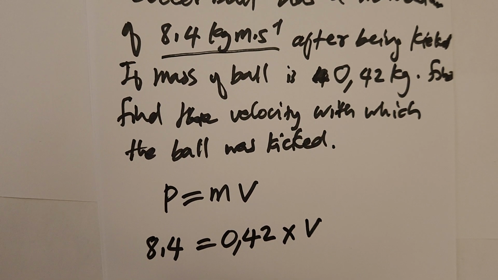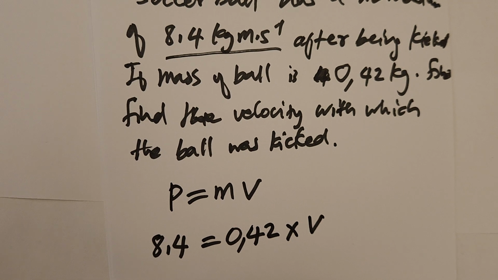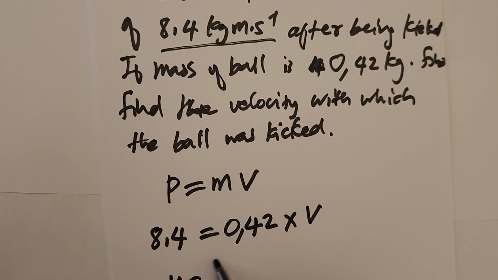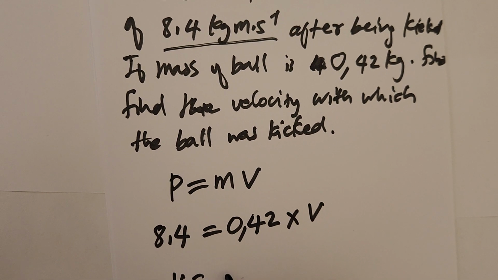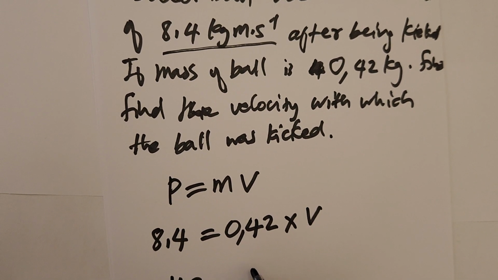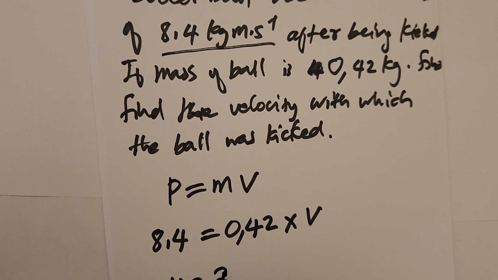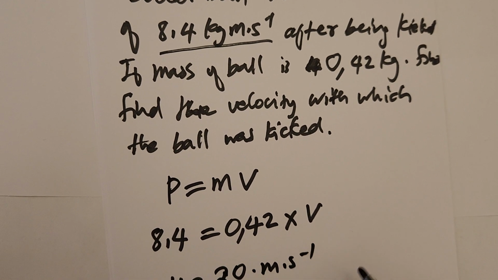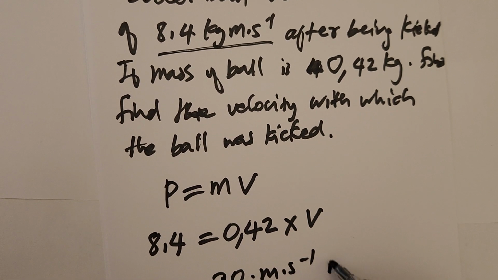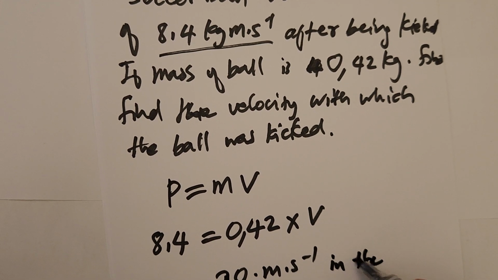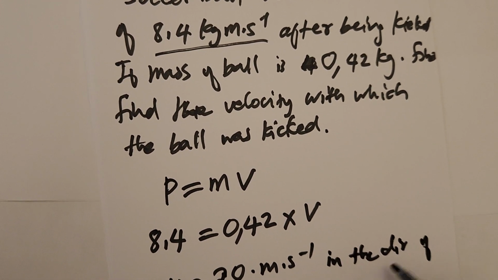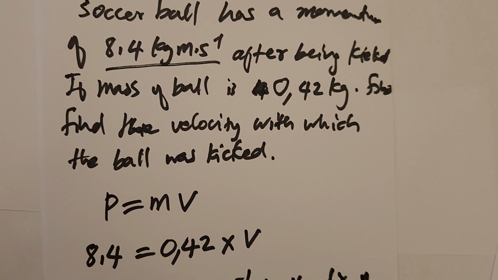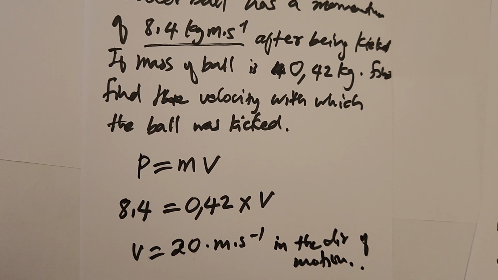The unknown here is velocity. Then we use a calculator, and we find that the velocity with which the ball was kicked is 20 meters per second, in the direction of motion if the direction is not given. That's how we deal with the concept of momentum.